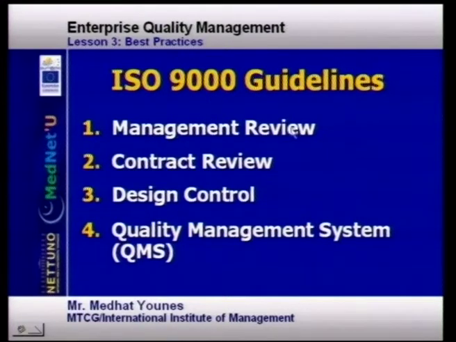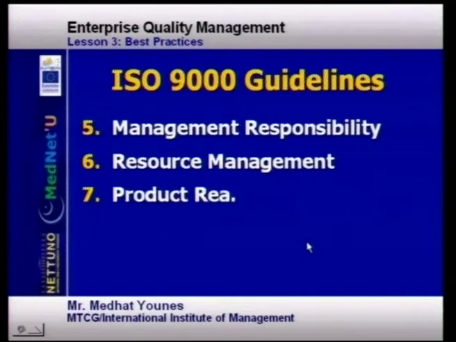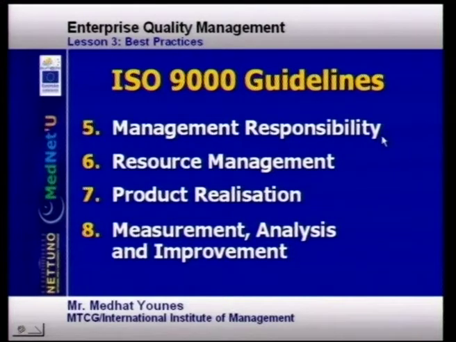The first one is management review, contract review, design control, quality management system, management responsibility, resource management, product realization, measurement, analysis, and improvement.